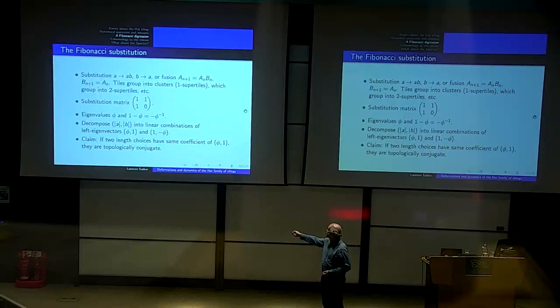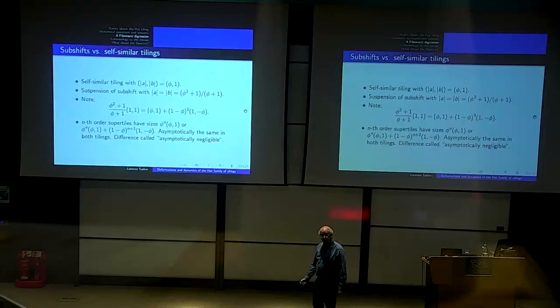Well, this coefficient gets multiplied by powers of phi. This coefficient gets multiplied by powers of 1 minus phi. And I claim that if two length choices have the same coefficient of the big eigenvector, then the corresponding spaces are topologically conjugate. You can come up with a map between them that commutes with translation.